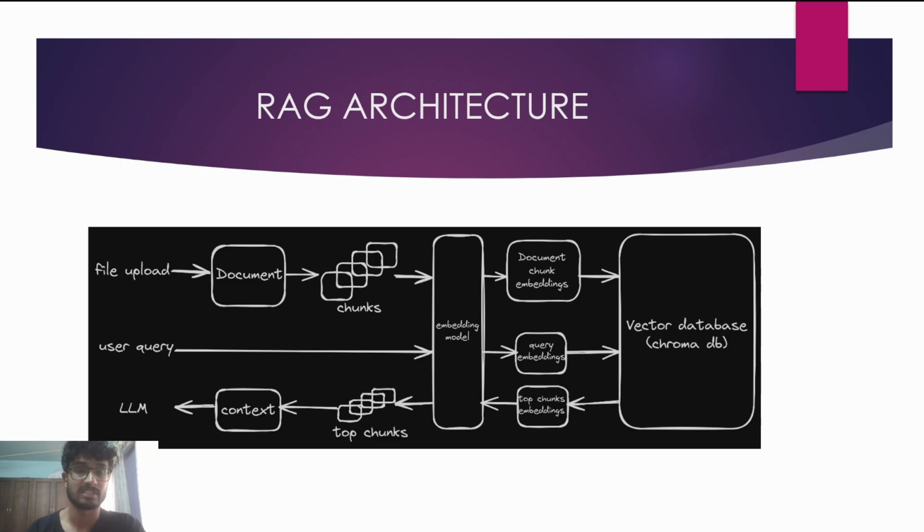Next comes asking a query to the vector DB. We take this query, we make sure we use the same embedding model that was used to embed the chunks, and embed the user query. Now what do we get? We get a set of numbers that correspond to the user query. We also have the chunks in the vector database.